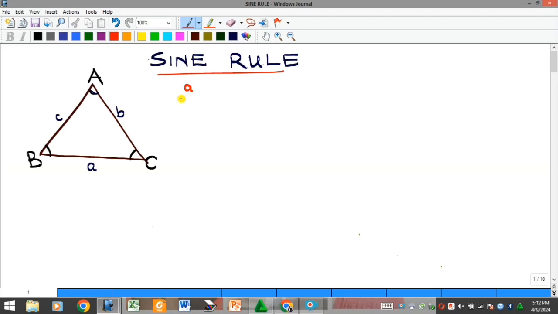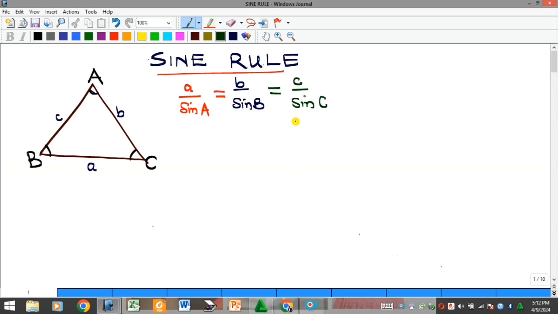It is stated in this way: a over sine A is equal to b over sine B, and is also equal to c over sine C. By implication, the ratio is equal throughout all the sides of the triangle.